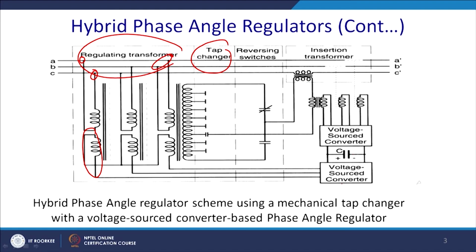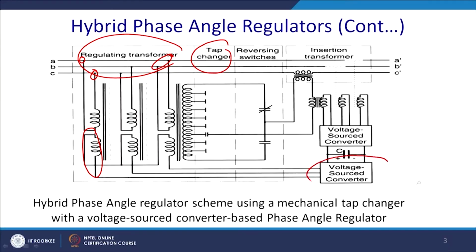Similarly, you have a voltage source converter which exactly calculates the amount of the voltage required. So, you may require to compensate, let us say, 35 degrees. Then some portion will be quadrature and some portion will be in phase. Instead of applying in quadrature and phase, this has a property that if it is a space vector, it can inject in phase steps of the two level inverter of 60 degrees.